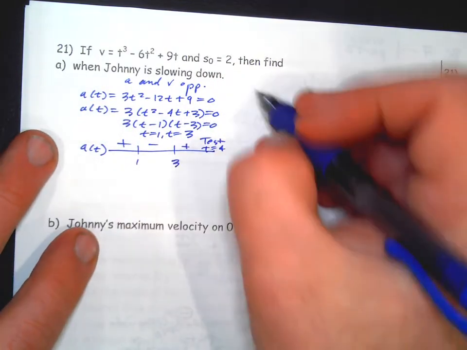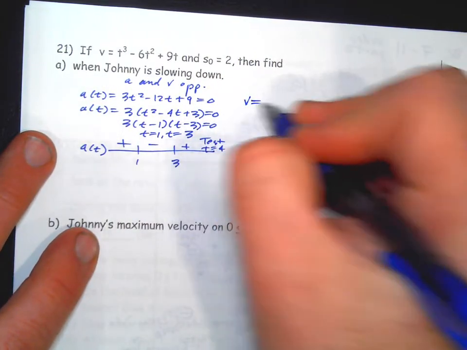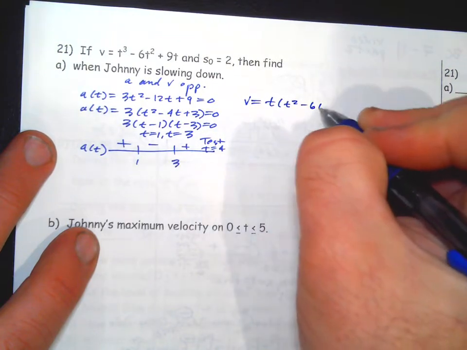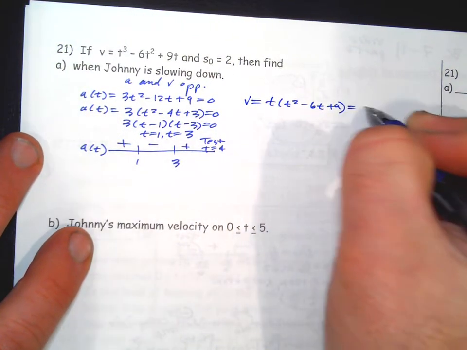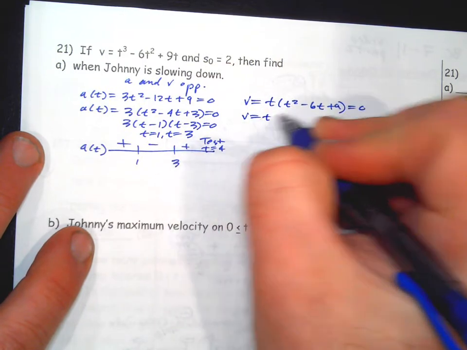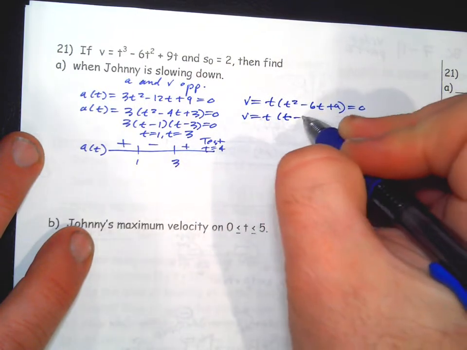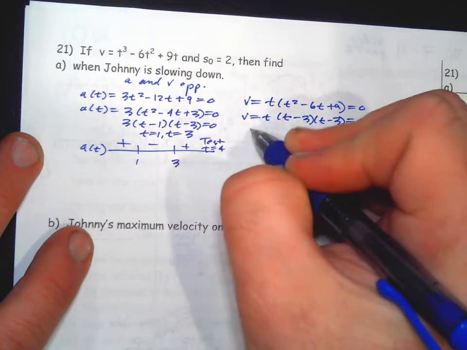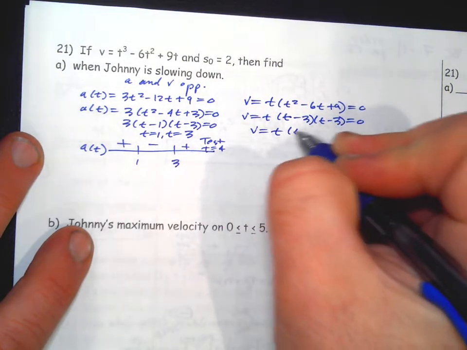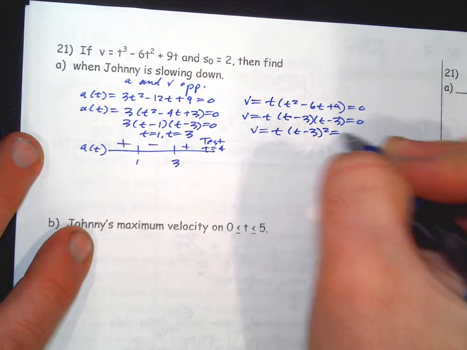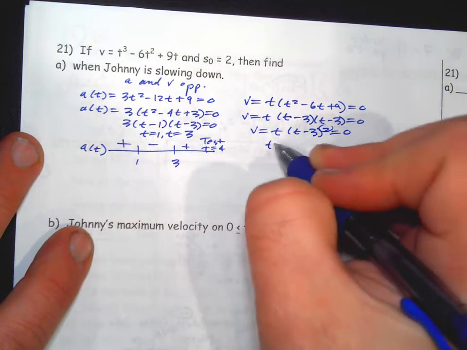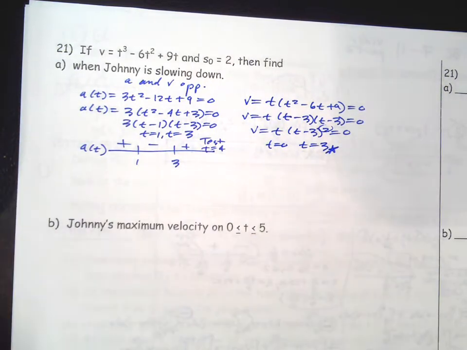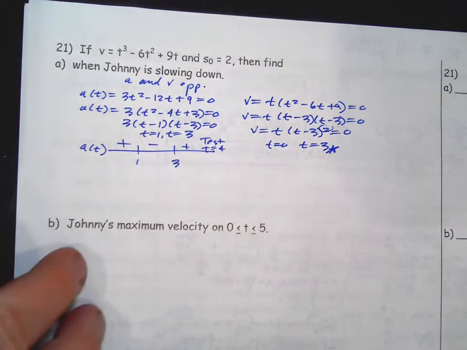Then for velocity, we need to factor this. So we take a t out, t squared minus 6t plus 9. And then we keep going, t minus 3, t minus 3. So t minus 3 squared, which you don't have to do, but that might help you to realize that that is a double root, and it's going to bounce off the line.